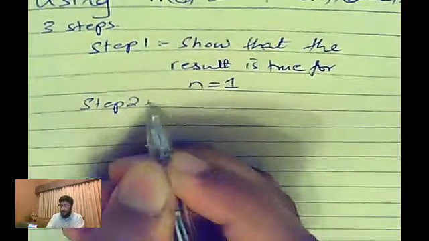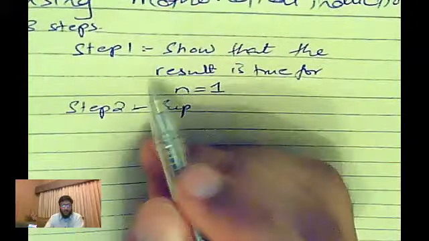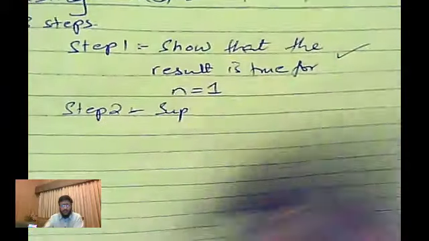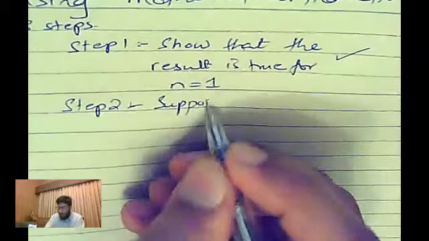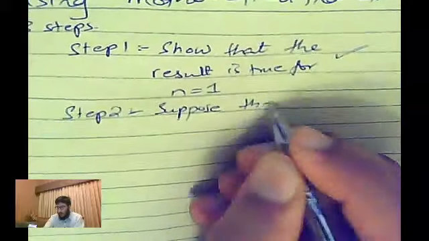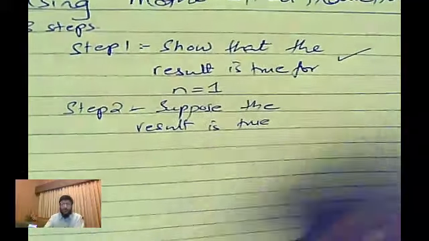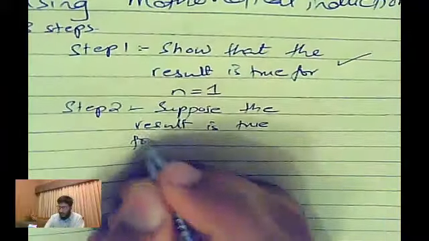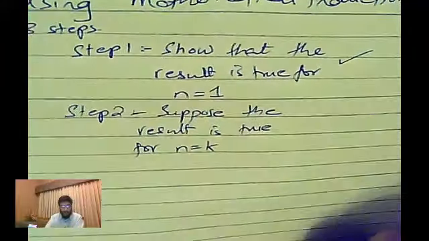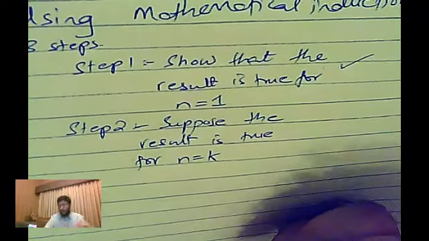Step number 2, if this part is completed, then suppose the result is true for n equals k.